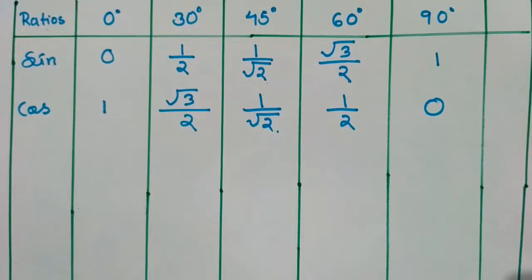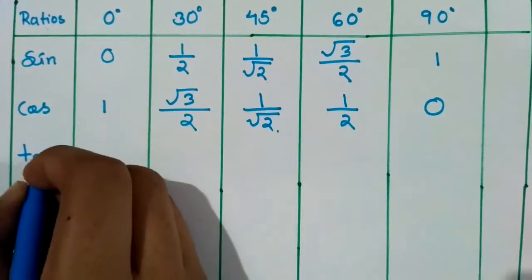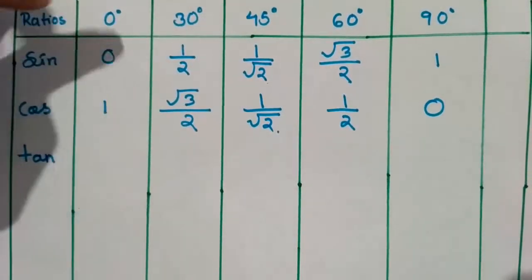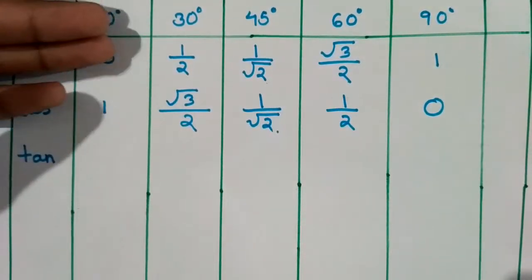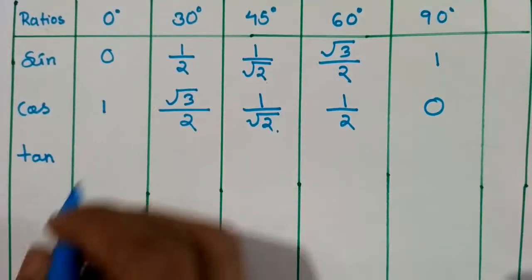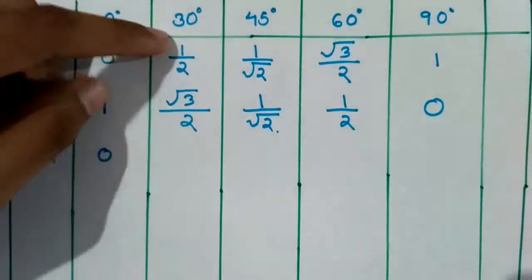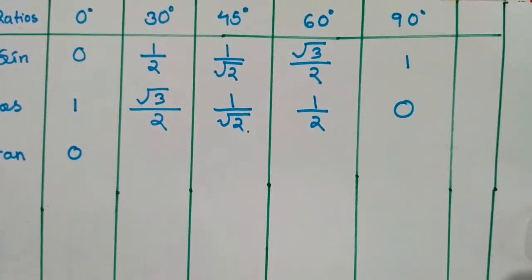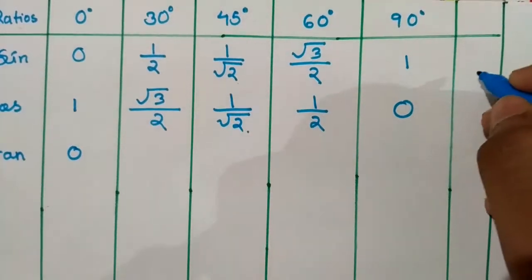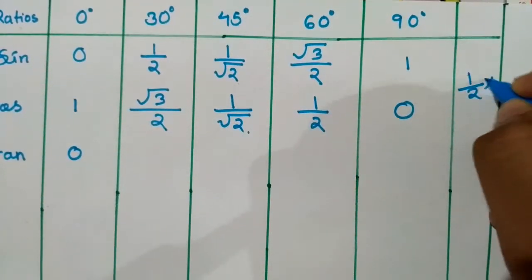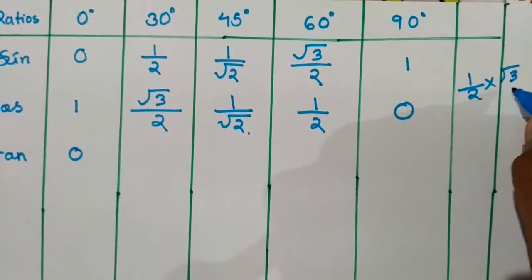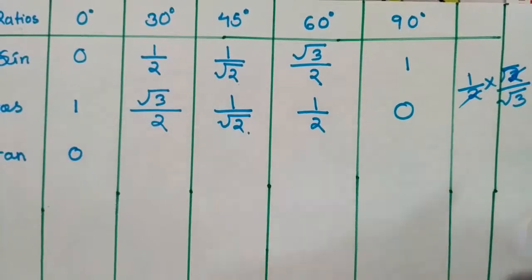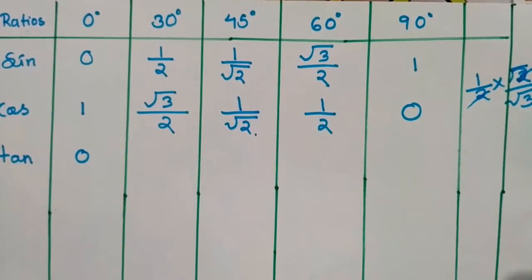It's very easy. Now for tan, what is the formula? Tan is sine by cos, means sine divided by cos. So 0 by 1 will always be 0. Now 1 by 2 divided by root 3 by 2, when it is reciprocal, it will be 1 by 2 into 2 by root 3. When you cut here, you will get 1 by root 3.